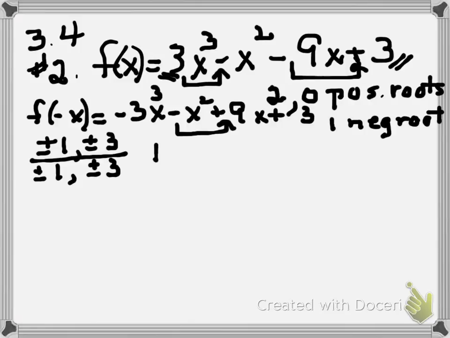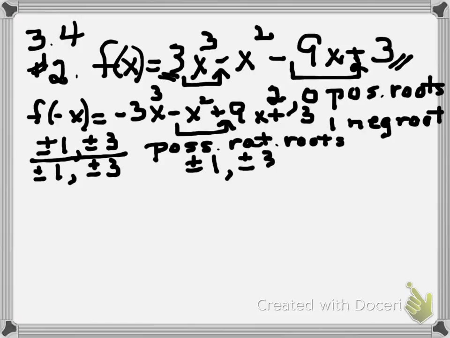So now let's look at the possible rational roots. So we have 1 over 1, so positive and negative 1, 3 over 1. Then we have positive and negative 1/3, and then 3 over 3 is 1.